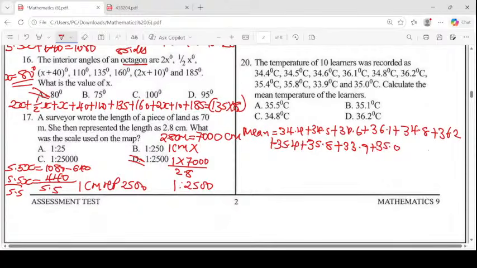All of these, ladies and gentlemen, we divide by what? By 10. So let us add using our calculator.